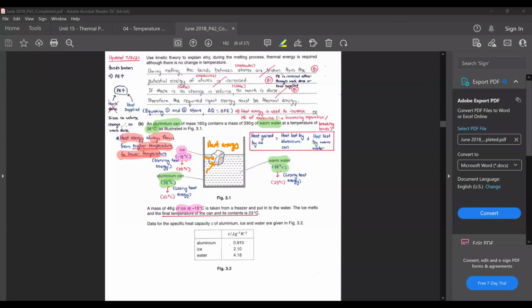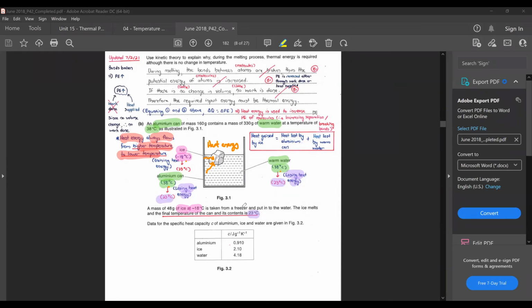Okay, so in your case, when heat energy flows inside the ice, you would then say that, oh, your aluminum can must therefore be losing heat energy, then the temperature will drop. And then the same thing goes for your warm water also. It must be losing heat energy, and then the temperature will drop. So it just so happens that the temperature that they drop to eventually will be 23 degrees centigrade.